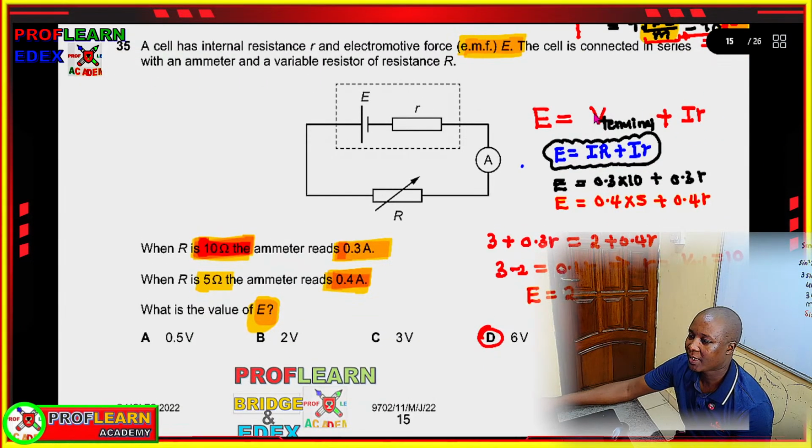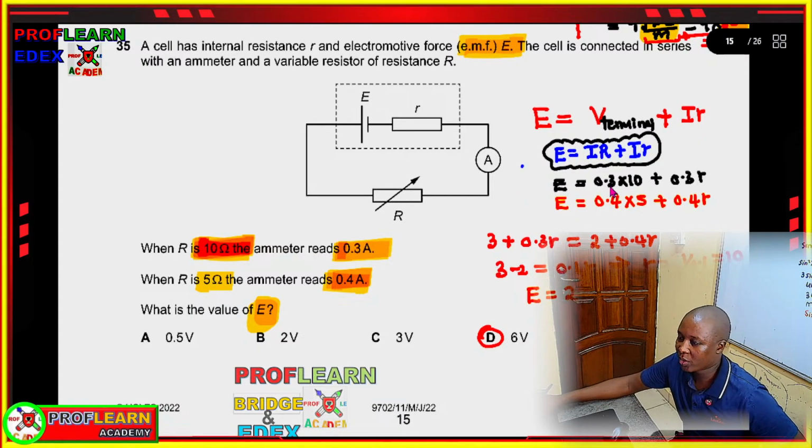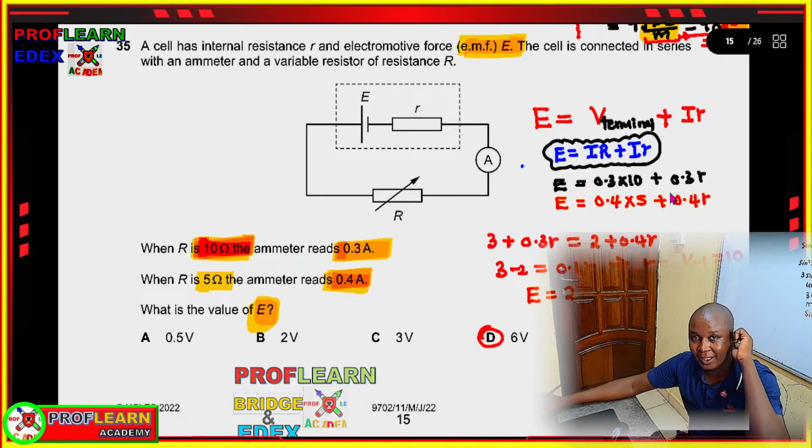So terminal voltage is the current flowing through the circuit times the external resistance, plus the current times the internal resistance. When the external resistance is 10 ohms, we have a current of 0.3 amperes. So E is equal to 0.3 times 10 plus 0.3 times r, where r is the internal resistance of this particular cell.